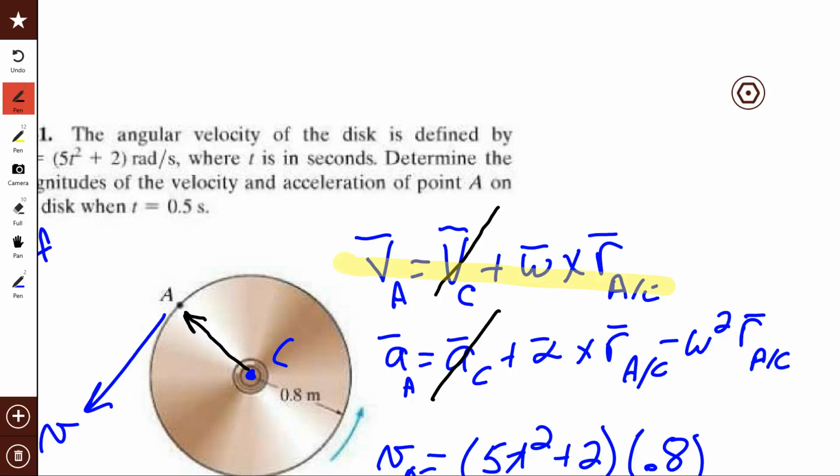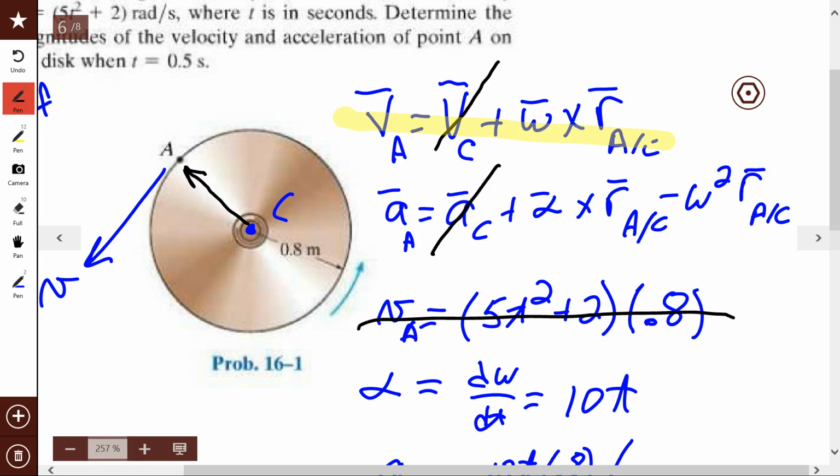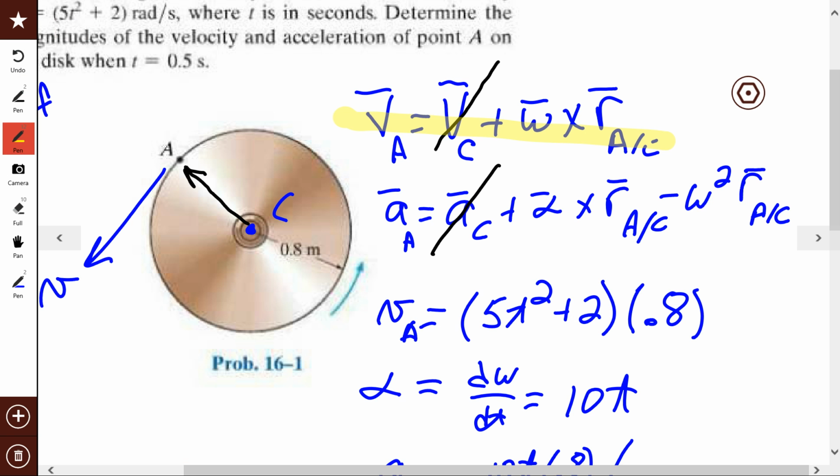So what will happen is when you come down here, what is this thing right there? What is that? What's this? 5p squared plus 2. That's the omega. What's this? That's the distance.